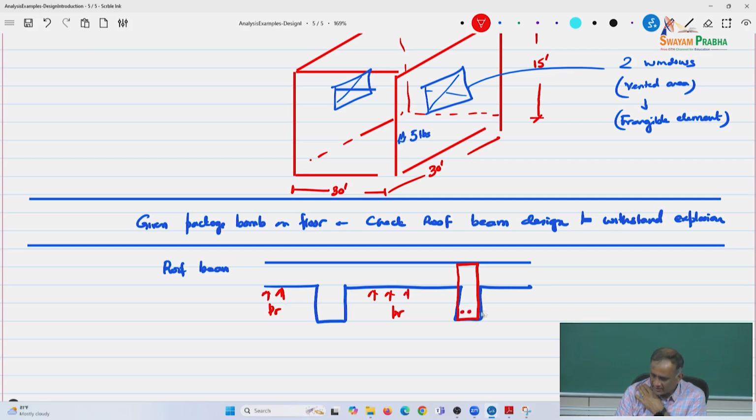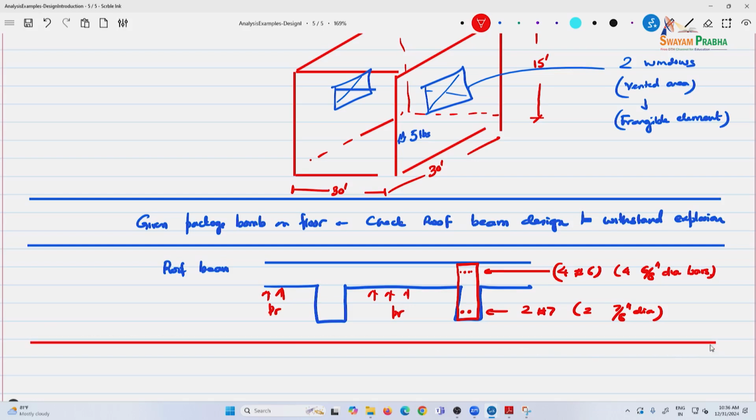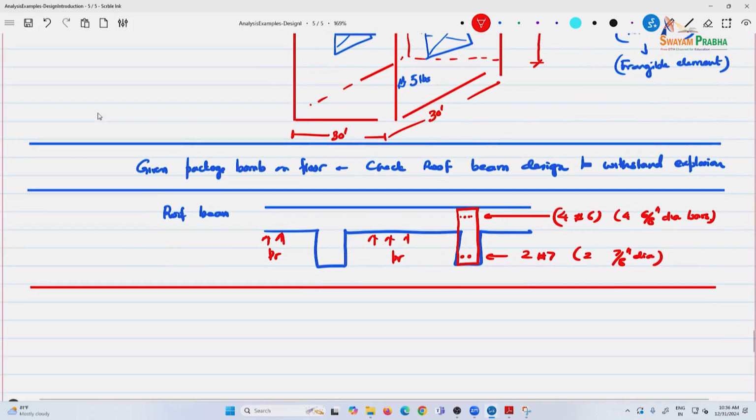Here you have two number 7 bars, which is two 7/8 inch diameter bars, and here you have 4 number 6, or this is 3/4 inch. So that's the FC prime and FCK, those are all the standard values.